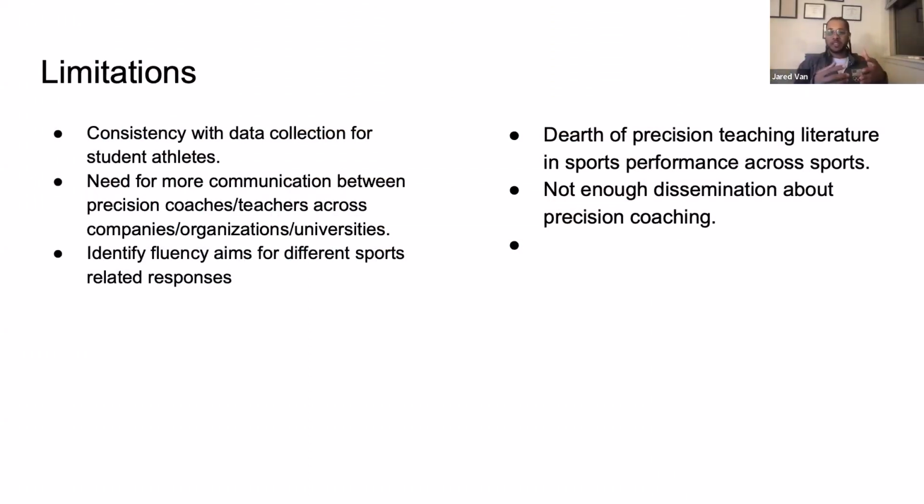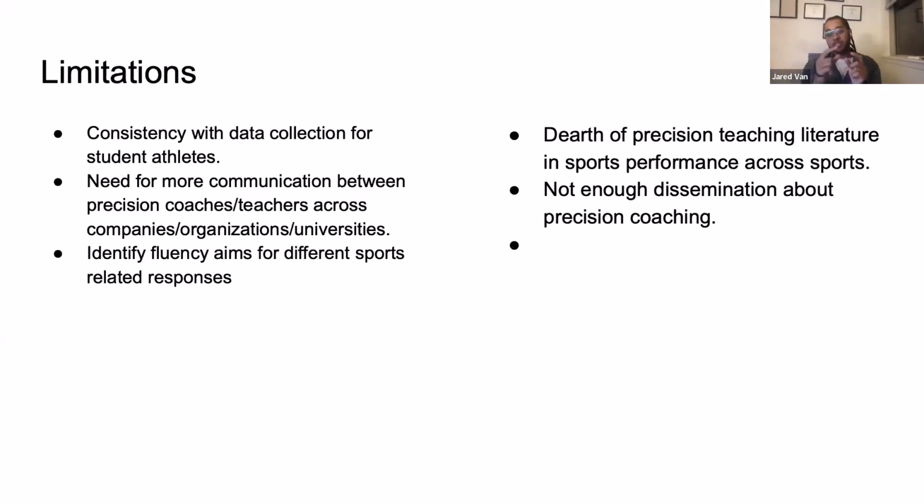Some of the limitations that we've seen so far are inconsistency with data collection for student athletes, and the need for more communication between precision coaches and teachers across companies, organizations, and universities. We need to identify fluency aims for different sports-related performances. There's a dearth of precision teaching literature on sports performance across sports.